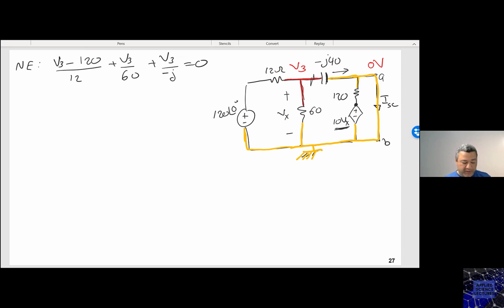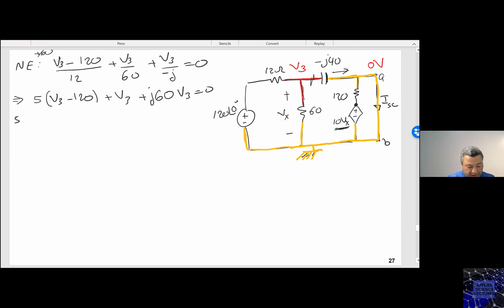If we multiply by 60, what's going to happen? This is going to be 5 V3 minus 120 plus V3. Minus j will go up, becomes plus j, 60 V3 equals 0.